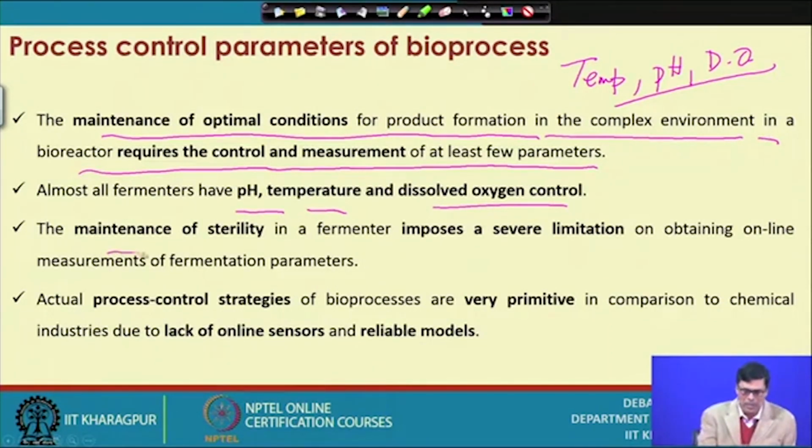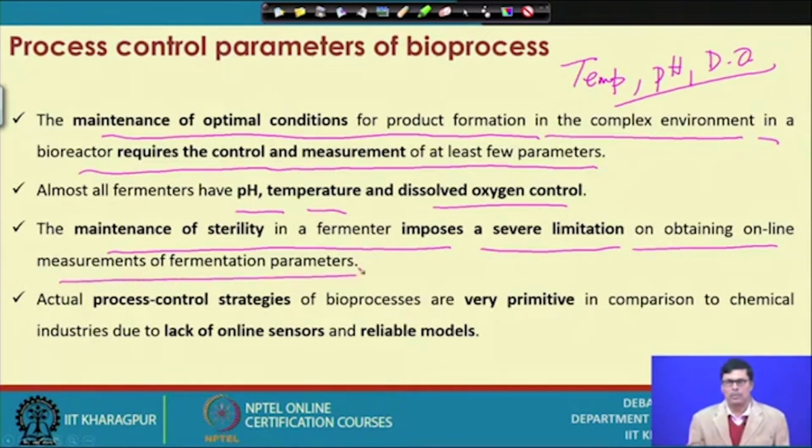The maintenance of sterility in a fermenter imposes severe limitations on obtaining online measurement of the fermentation parameters. Whenever we draw a sample, or do anything in the system, we always consider the sterility of the process. I can give a typical example. Suppose this is a fermenter, and you are drawing a sample.